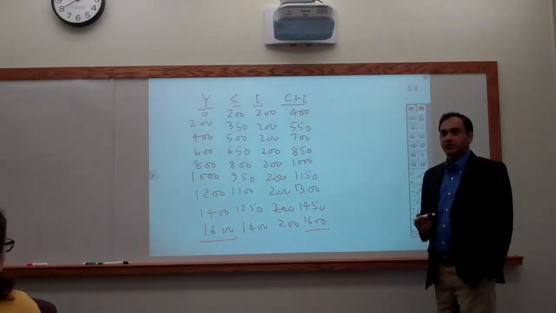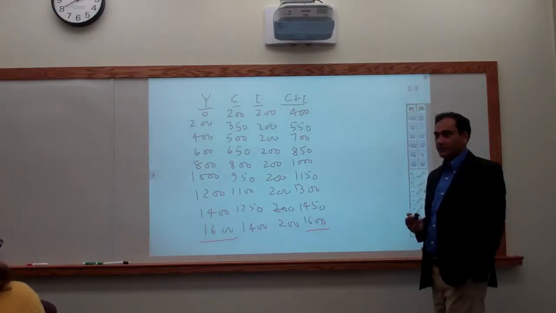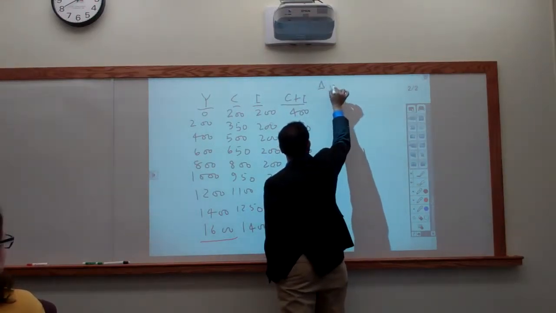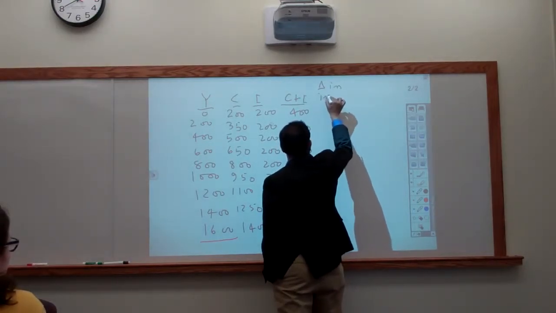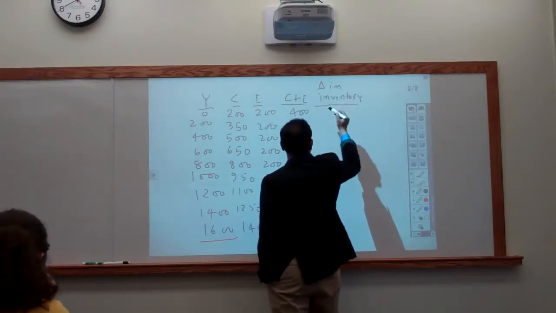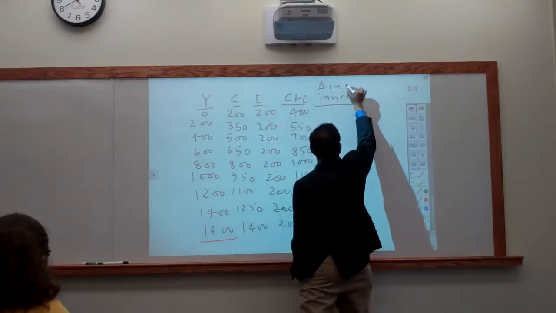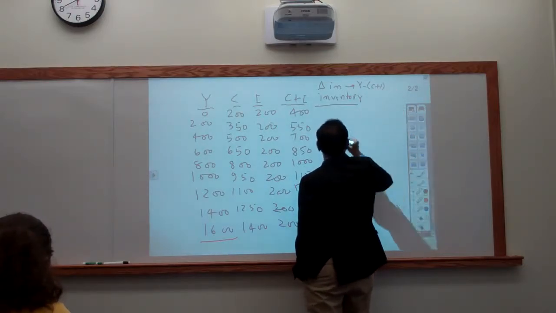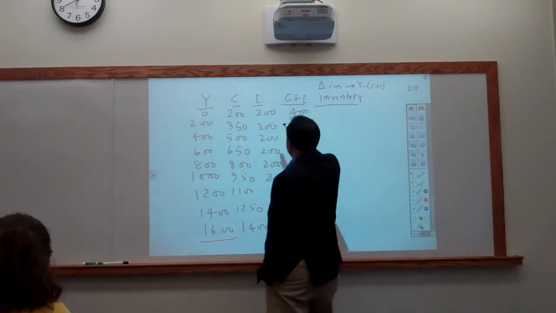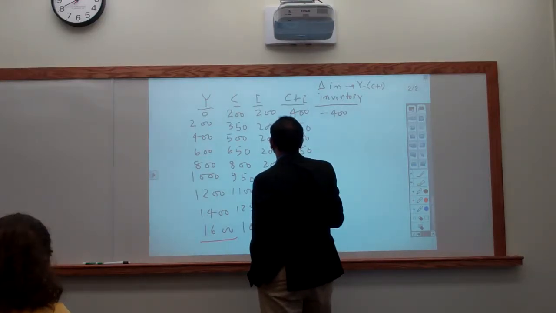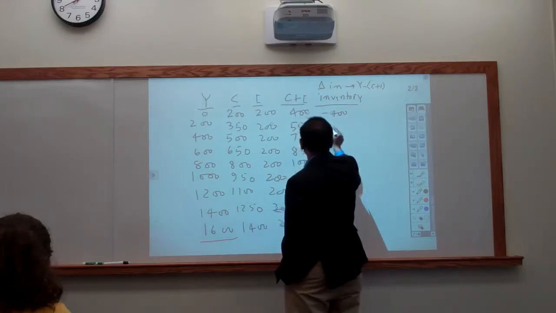Y minus C plus I. So you subtract C plus I from Y: 0 minus 400, and then you get what? 200 minus 550, you get negative.